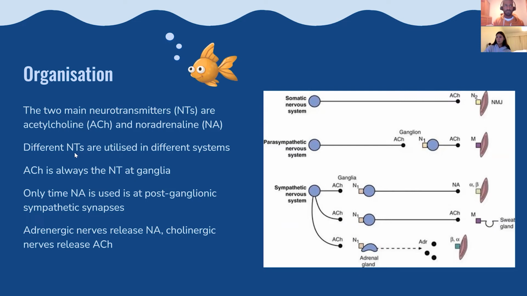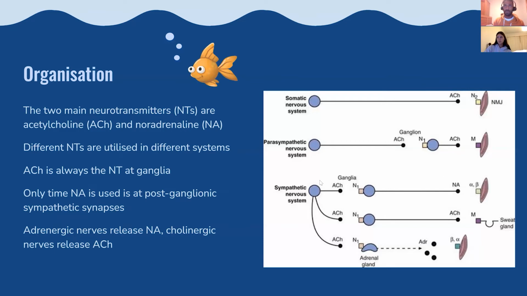Okay, so different neurotransmitters are used in different systems. However, acetylcholine is always used at the ganglia. So from nerve to nerve, acetylcholine is always the neurotransmitter. And the only time we actually see noradrenaline here is at postganglionic sympathetic synapses.